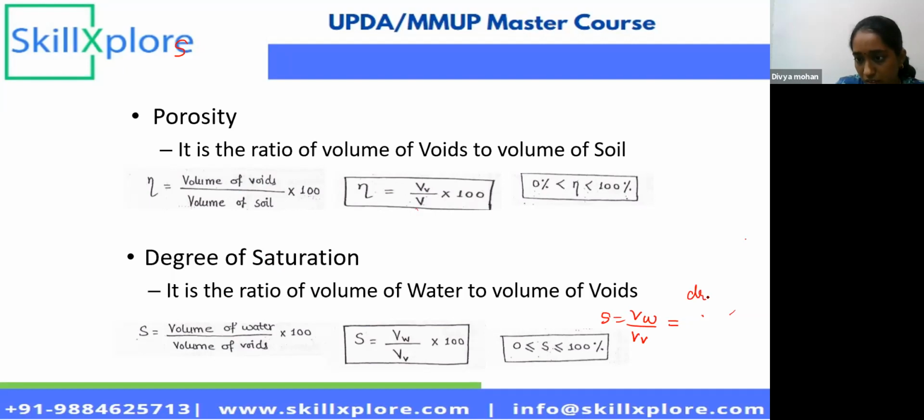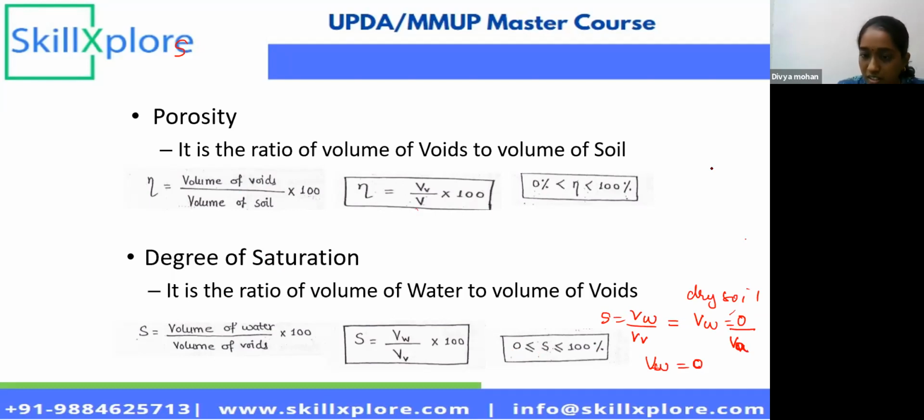So for dry soil, VW is equal to 0. When it is a dry soil, the volume of voids will be completely a volume of air. So VW will be equal to 0, so S can take a value of 0.